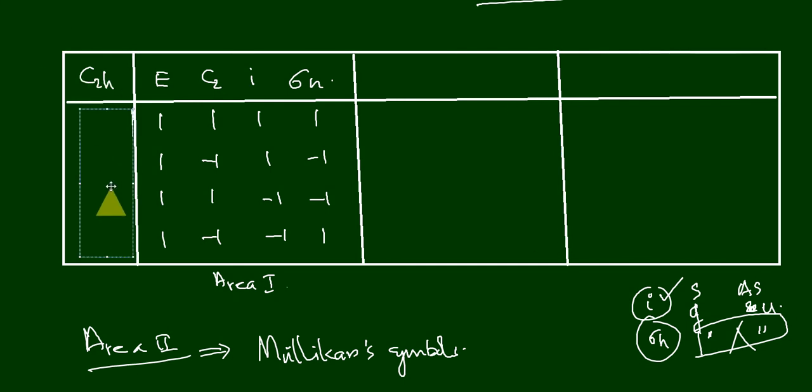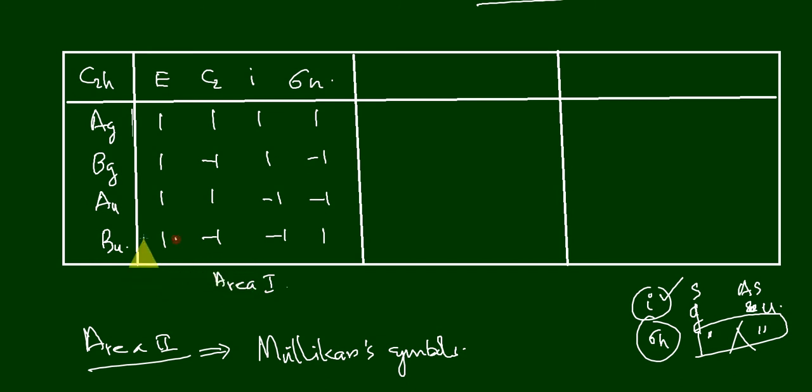So I am going to replace gamma 1, gamma 2, gamma 3, gamma 4 with A G, B G, A U, B U.